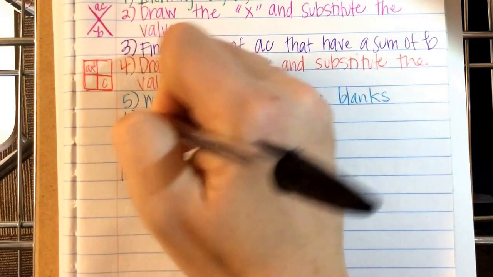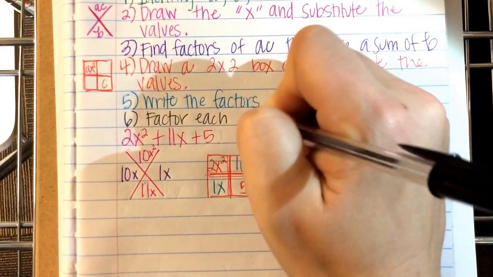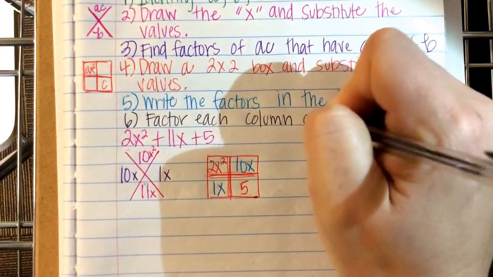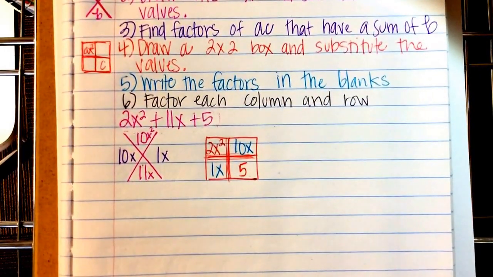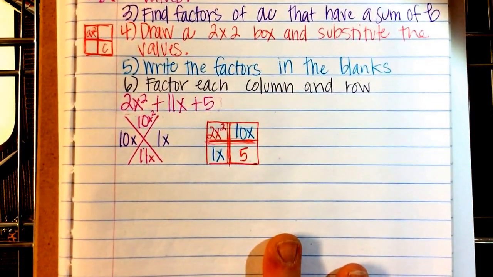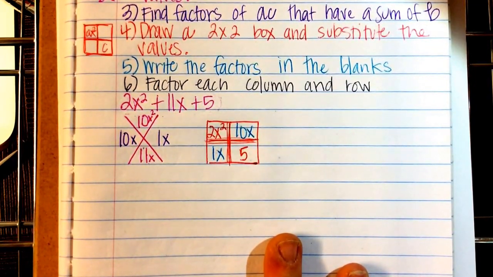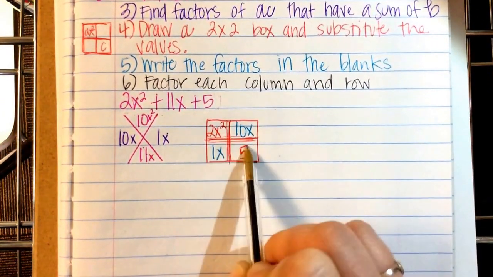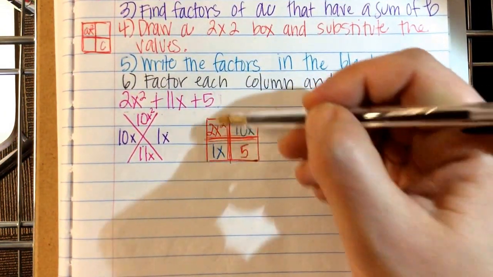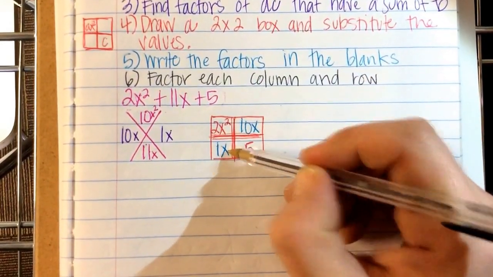And the last step is to factor each column and row. So if I look at each column and row, here are the rows, here are the columns. What do 2x squared and 1x share?